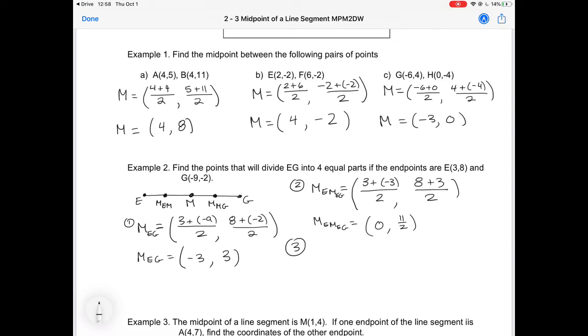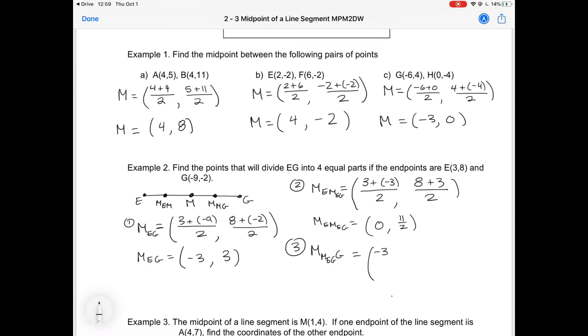My last thing to do is to find the midpoint of my second half. So midpoint between M, the midpoint of EG, and point G. Now I'm using the original midpoint I found in step 1 and my G coordinate of the endpoint.